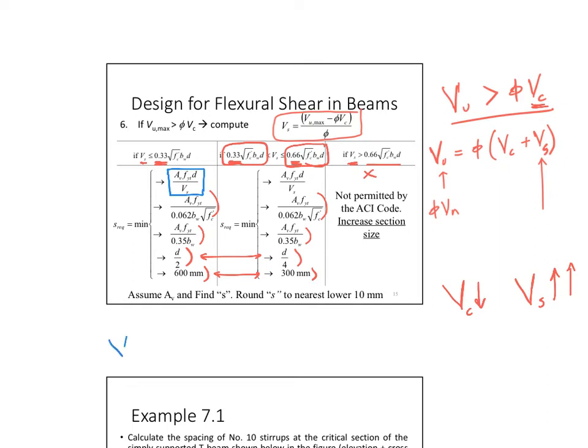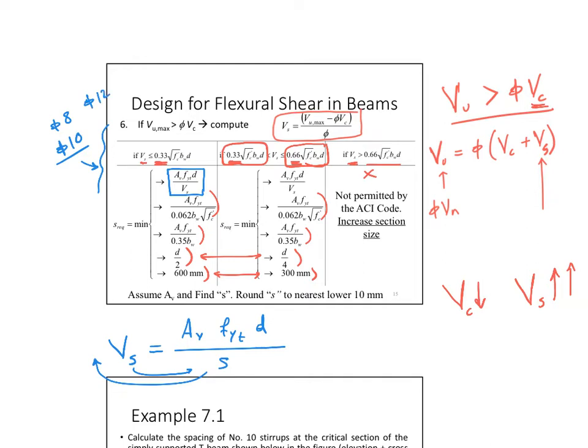How do we calculate Vs? If I'm given a section, Vs equals Av fy,t d divided by S. So I simply move the S out and the Vc down to get this S. Before I get into this, I have to assume some rebar, maybe phi 8, phi 10, or phi 12, depending on the size of the section.